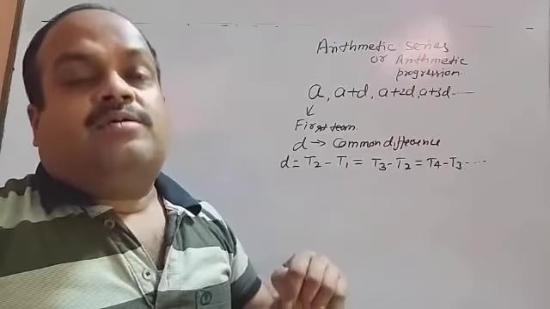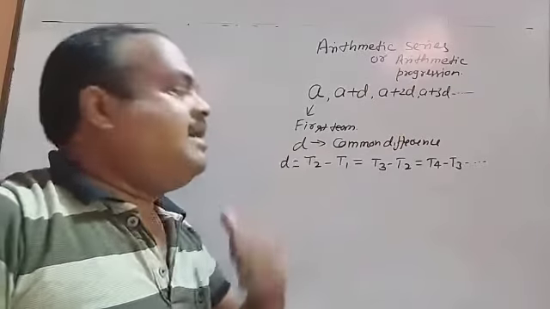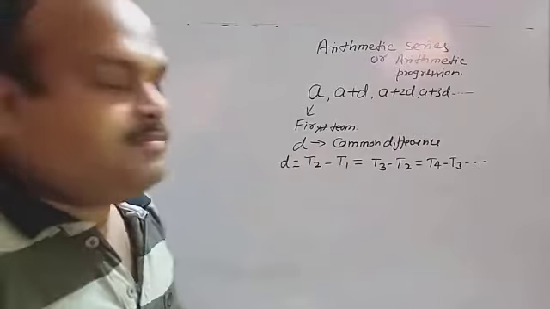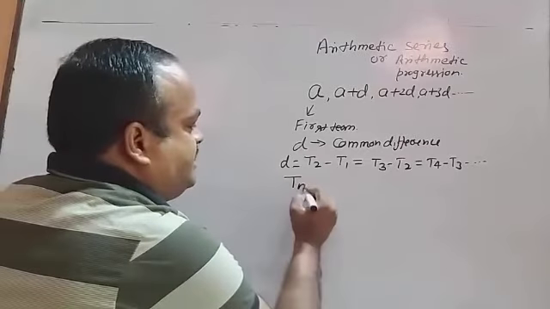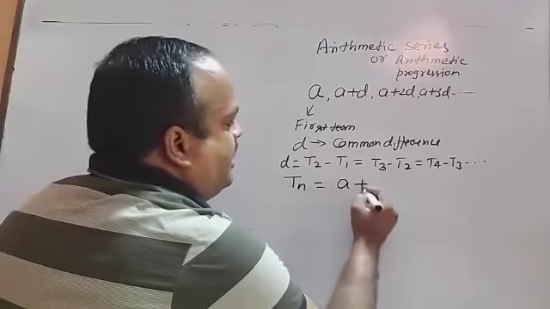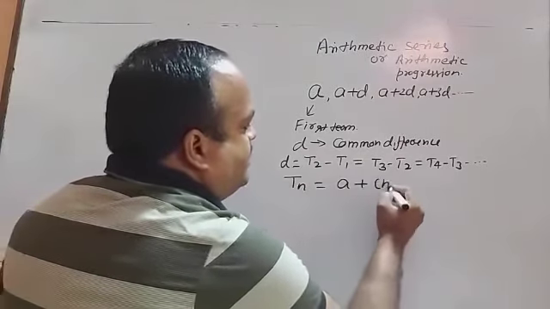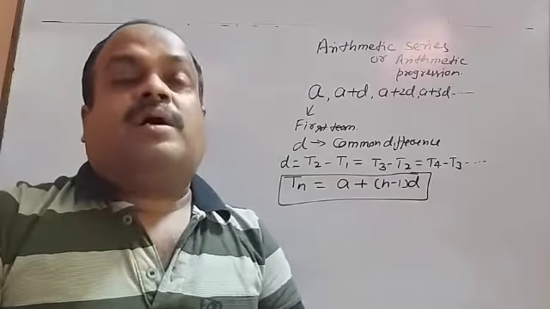For that, we will be using the formula which I am going to write: Tn is equal to a plus n minus 1 into d, where n denotes the number of the term.